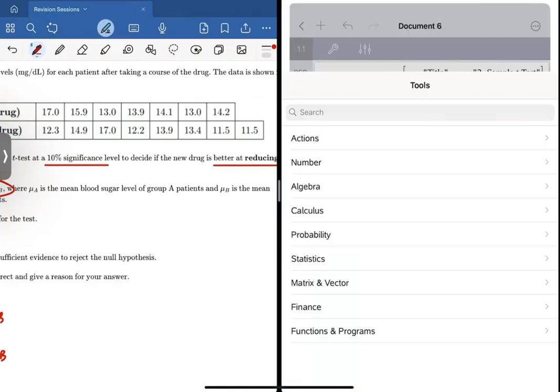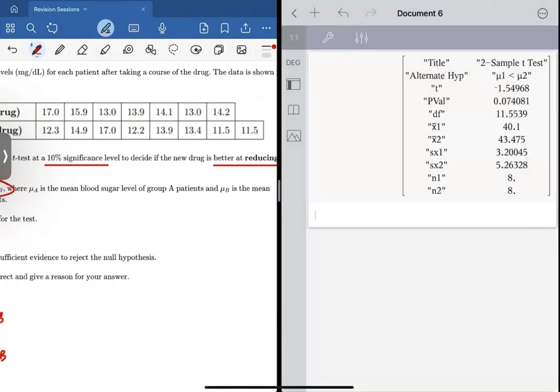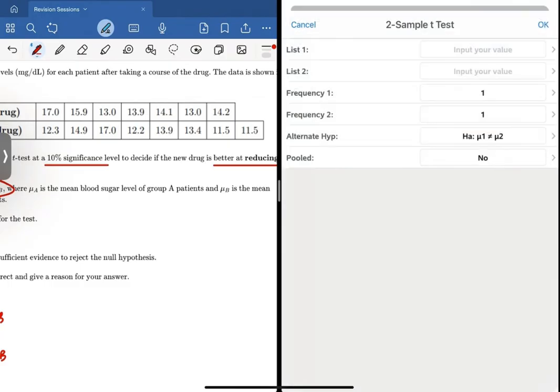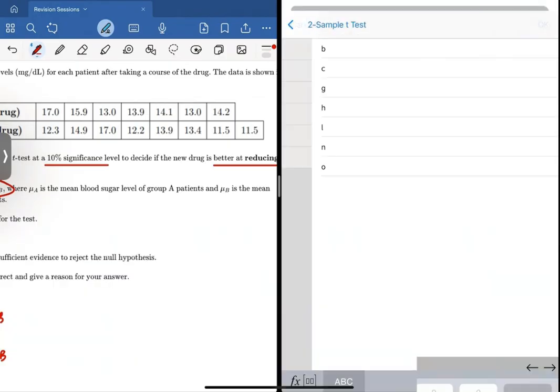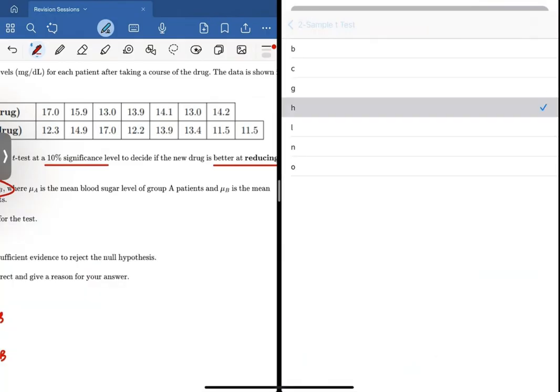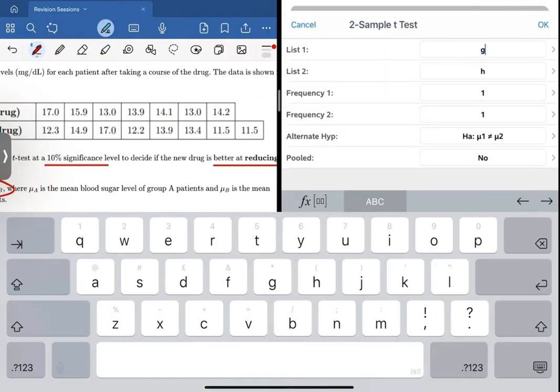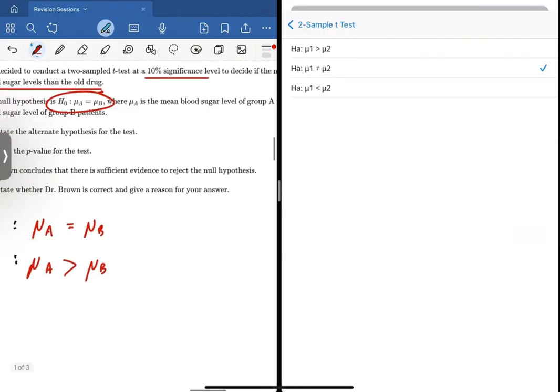And we're going to do statistics, stats test, two-sample t-test, data, G and H, G and H. And we need to change that alternative hypothesis again. So what is my alternative hypothesis?